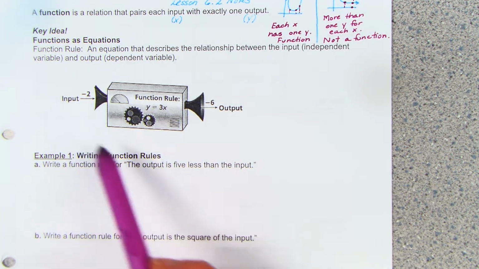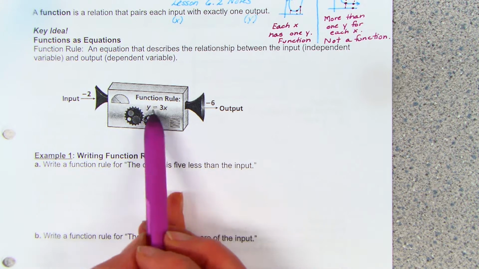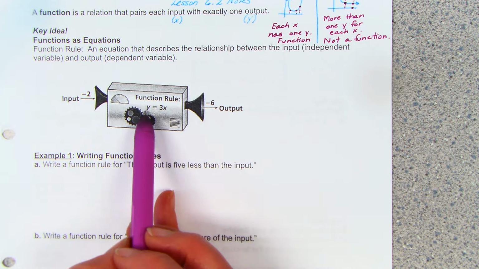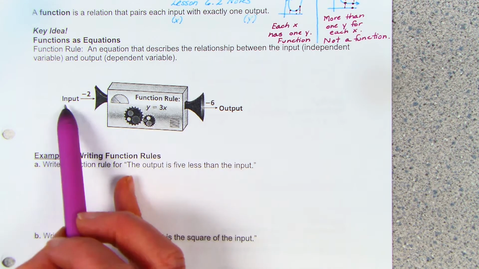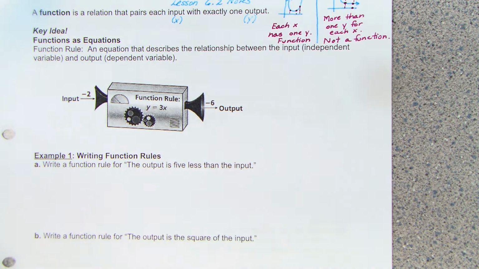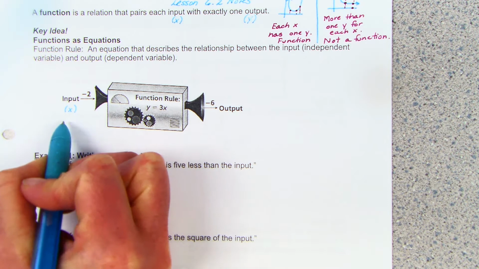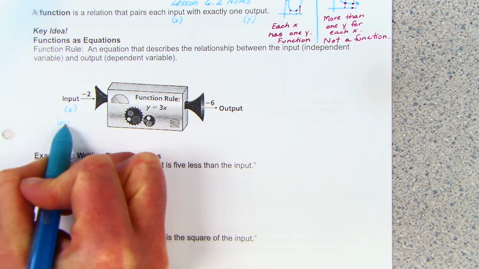So they have this graphic, we call it a function machine, where the function rule is the equation, and then the x value is the input, and that is the independent variable.